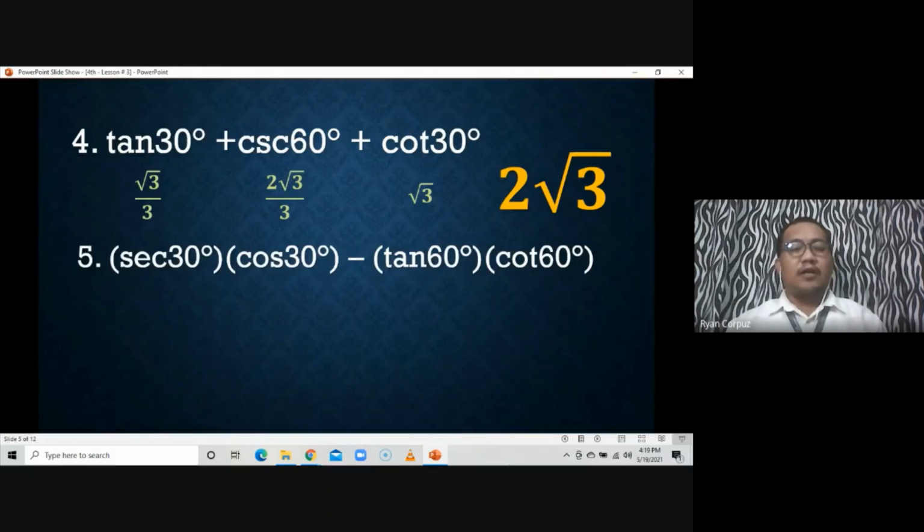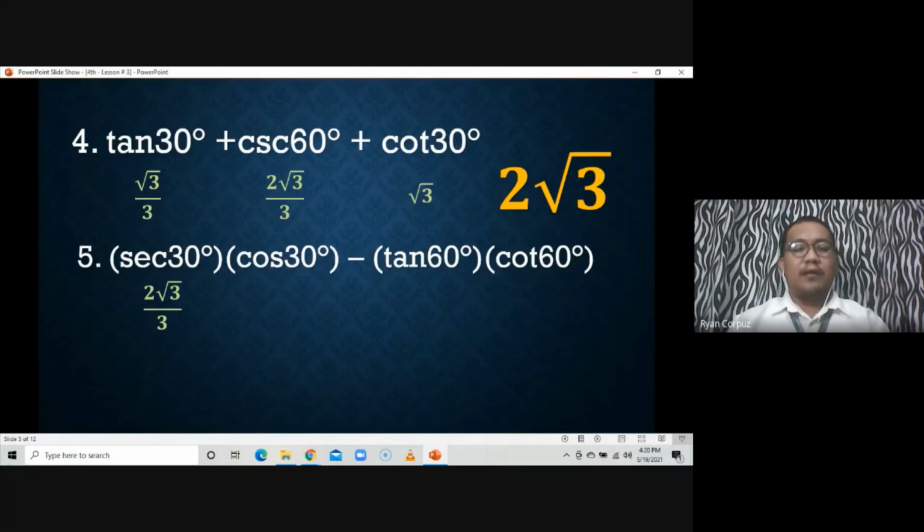Secant 30 degrees times cosine 30 degrees minus tangent 60 degrees times cotangent 60 degrees. So, you just have to find out the value of this given on the table of trigonometric ratios. Unahin natin secant 30 degrees. Ano ba value ng secant 30 degrees? That will be 2 square root of 3 over 3 when you look at the table of trigonometric ratios.